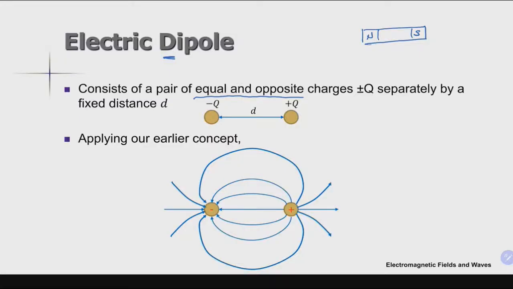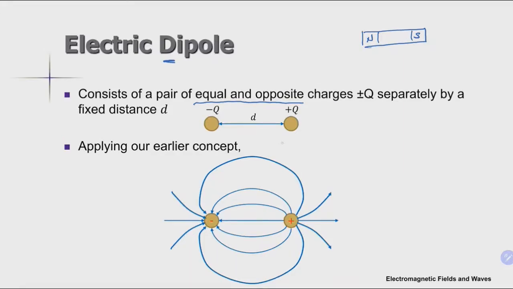So this is what electric dipole means. I have a positive and a negative charge, same magnitude but opposite in polarity, separated by a distance d. And based on what we have learned about drawing electric field lines, we can draw our electric field lines, the E field going away from the positive charge, pointing into the negative charge.